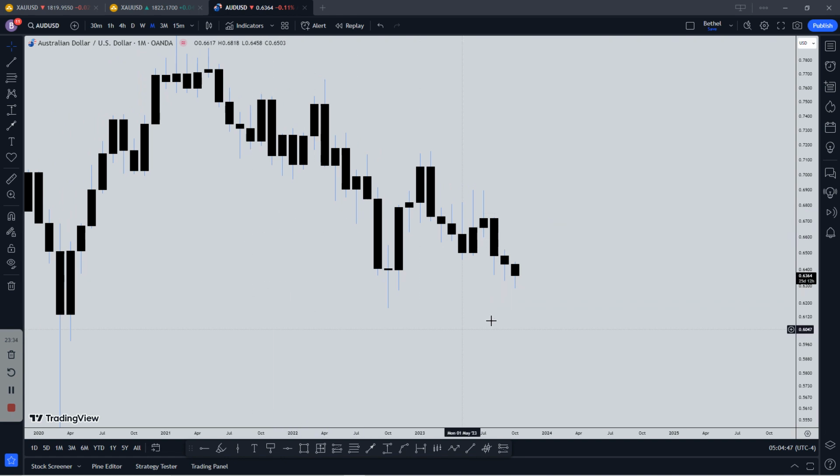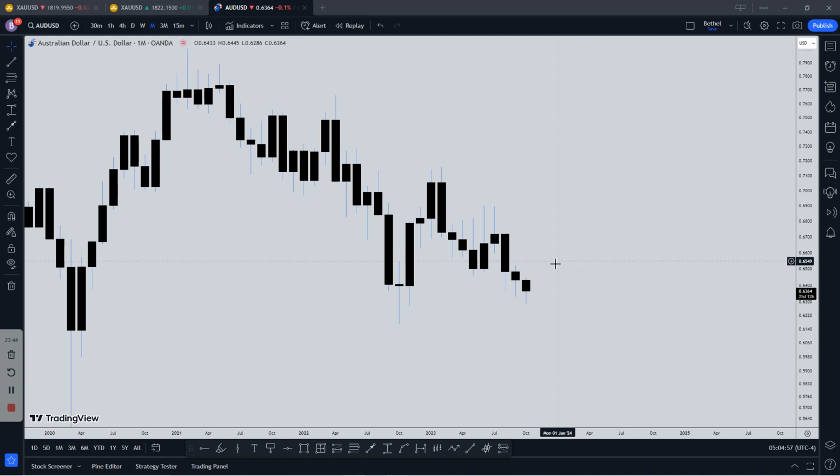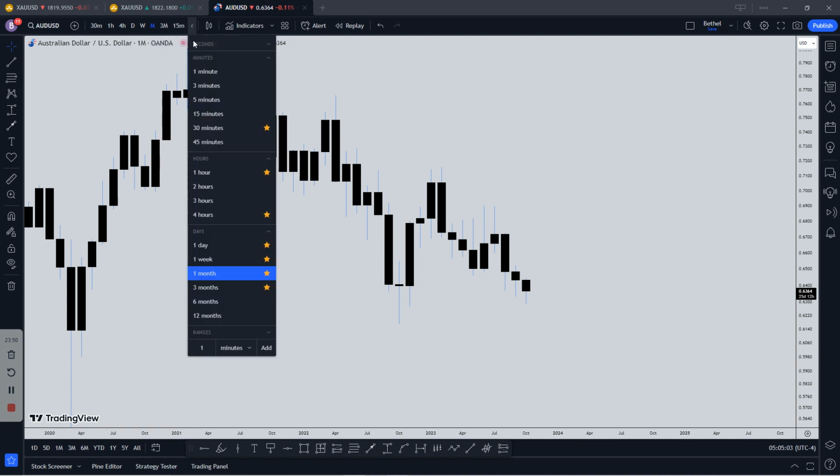So it says here that this Japanese candlestick shows the open, close, high, and low points for each given period. Applying that here, I'm on the monthly chart now, and you have a lot of time frames here. These are the ones already given by TradingView, so these are the ones you can use.